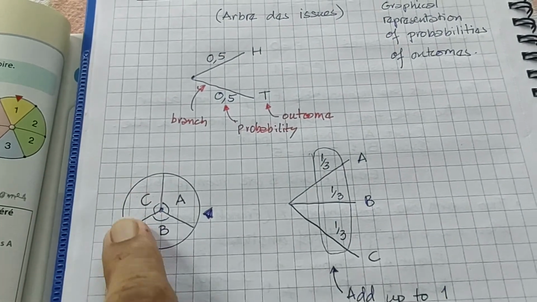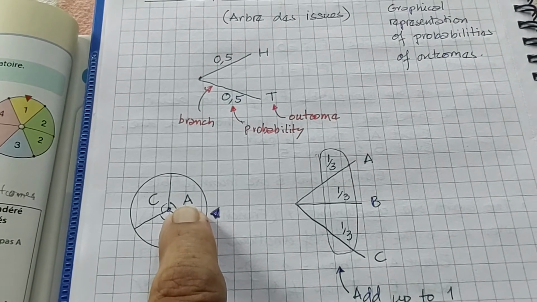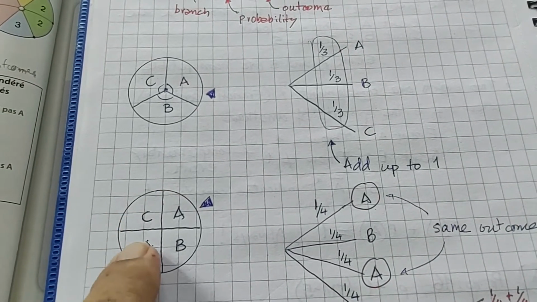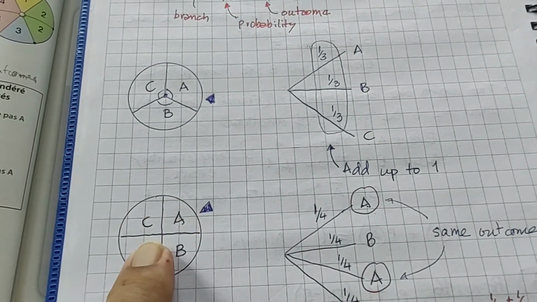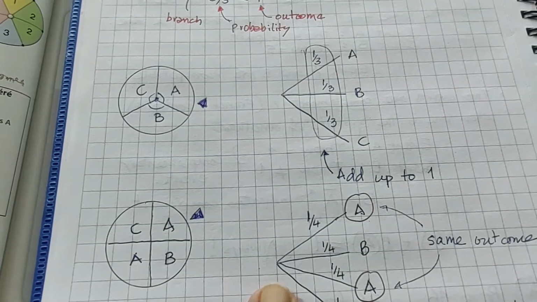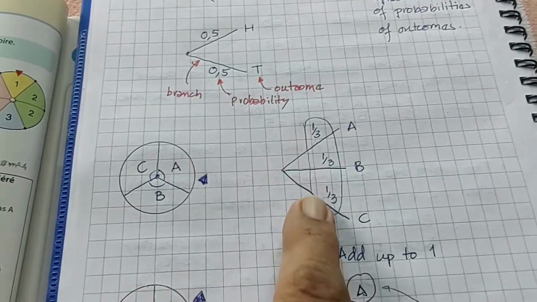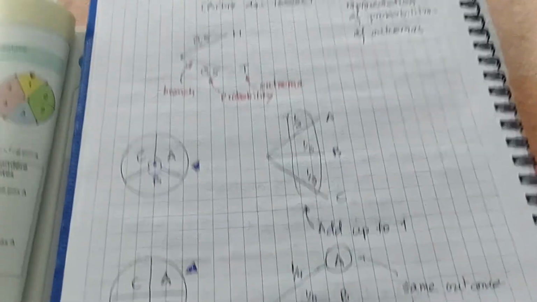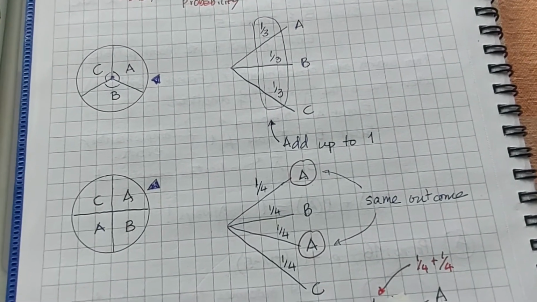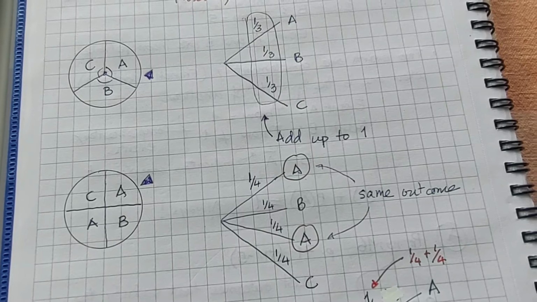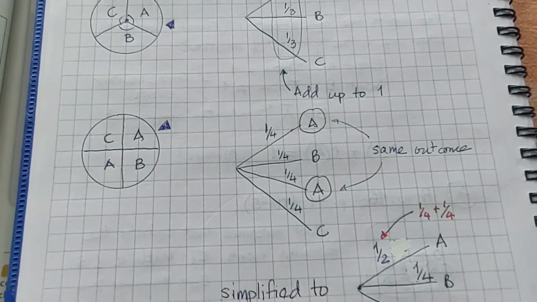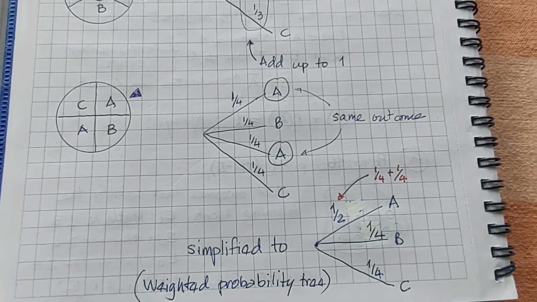If we have a pinwheel like this, we know that we'll have 1/3 probability of A, 1/3 of B and same 1/3 of C. And similarly here you can see straight away that A occupies half the circle, so that will be probability of 0.5, B will be 0.25, C will be 0.25. So in all of these 3 examples, the probability tree hasn't really helped us much. We could have calculated these probabilities without using the probability tree. But we will now look at slightly more complex examples, and then you will see that it helps us.